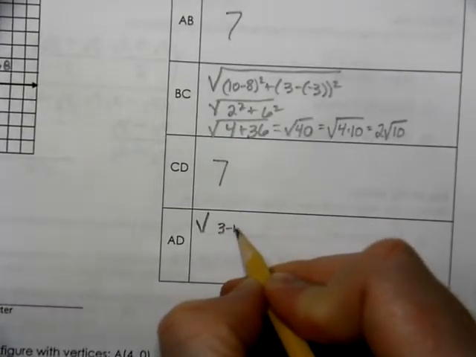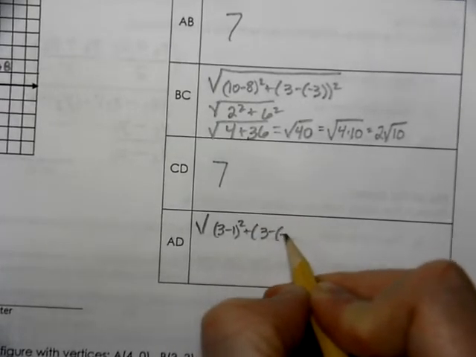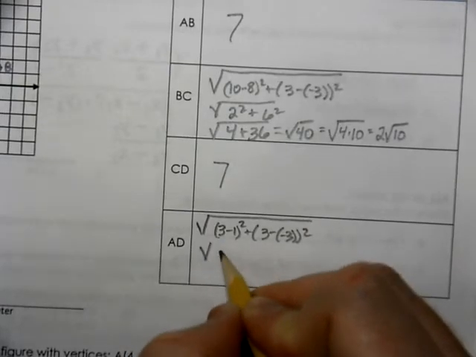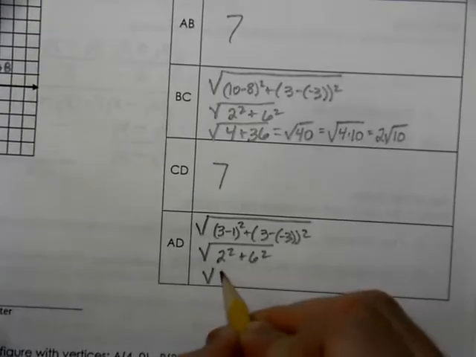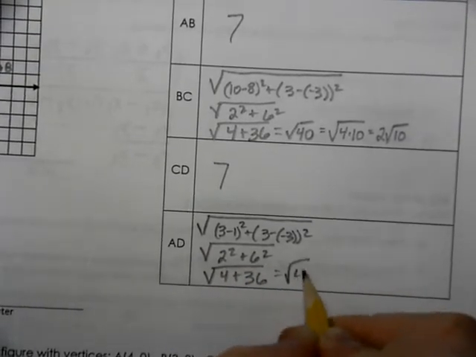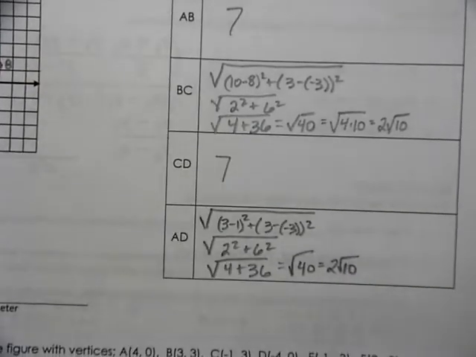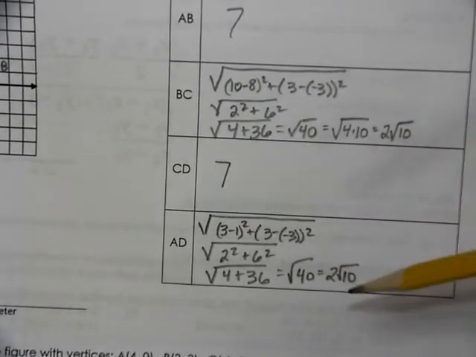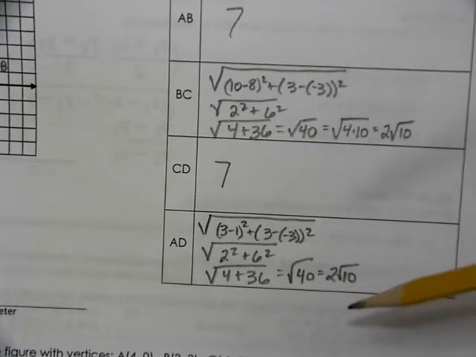So we'll get 3 minus 1 and 3 minus a negative 3. 2 squared plus 6 squared, 4 plus 36, square root of 40, 2 root 10. So we have 2 sets of sides. Opposite sides are congruent. We know that this is a parallelogram.